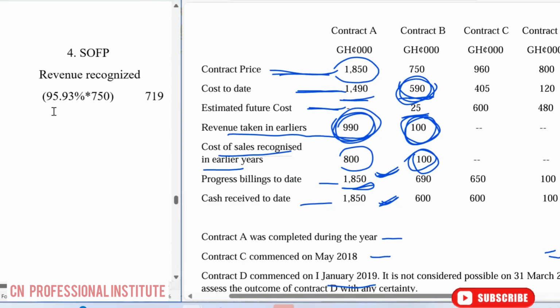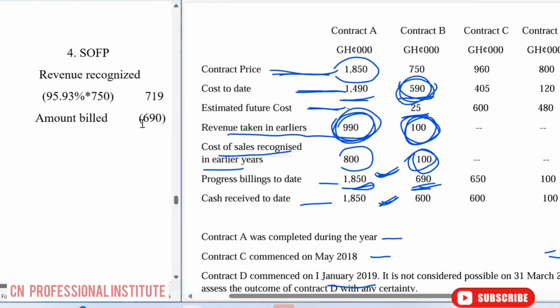Then we go to less amount billed. How much is the amount billed? If you go to B, how much did you bill the customer? We billed the customer progress billing to date of 690. So we less 690 here, minus 690.